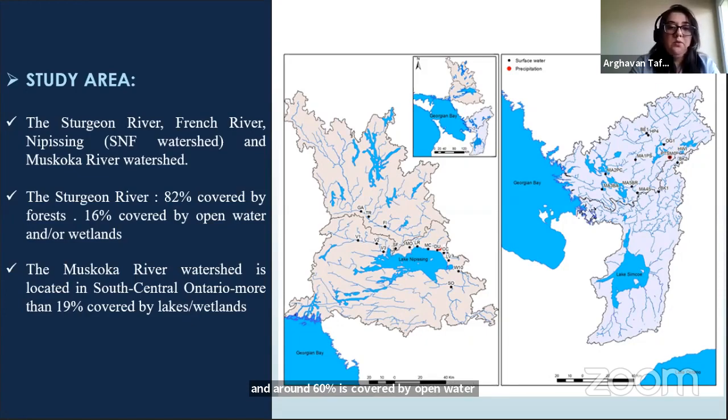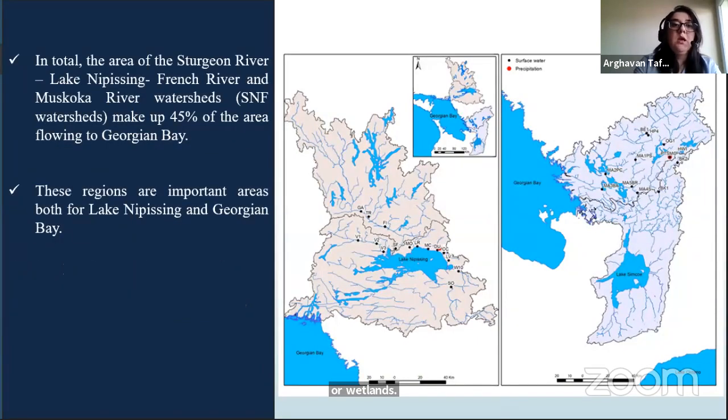For Muskoka River watersheds, more than 19% is covered by lakes and wetlands. In total, the area of SNF and Muskoka River watersheds makes up 45% of the area that flows into Georgian Bay. So knowing these areas better is important not only for Lake Nipissing, but also for Georgian Bay.